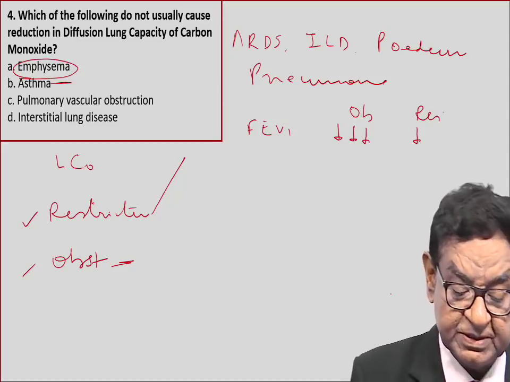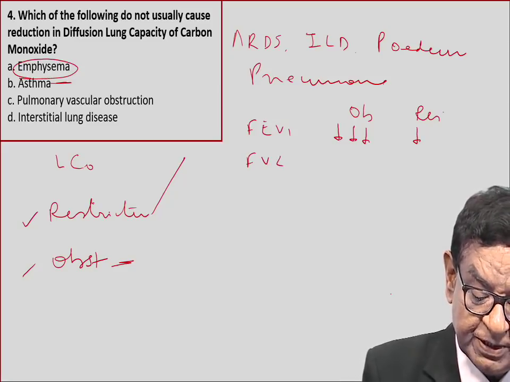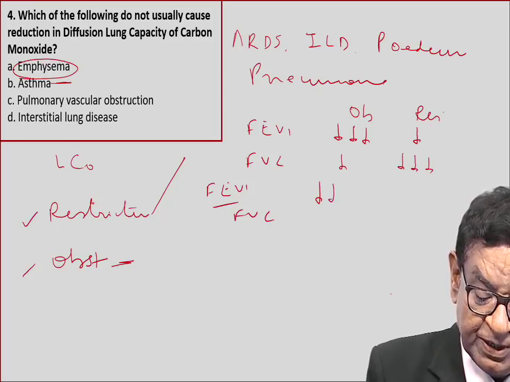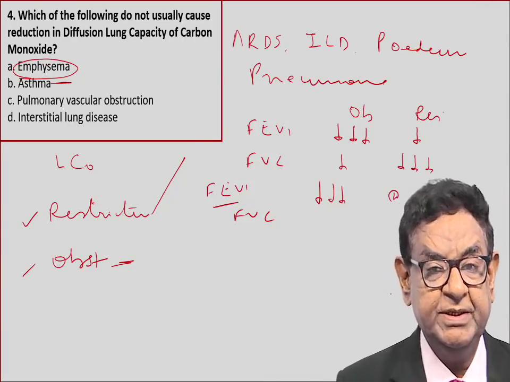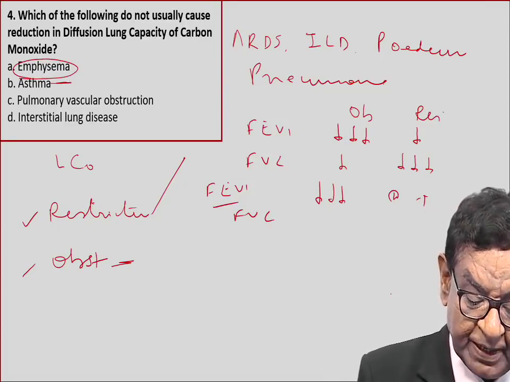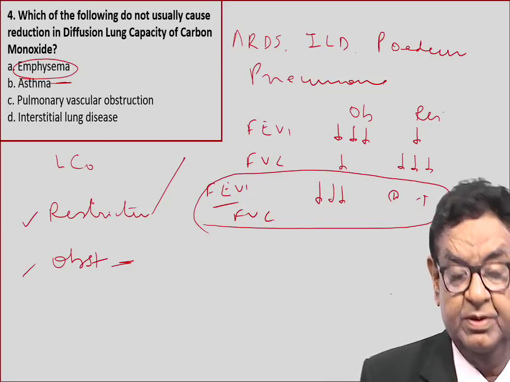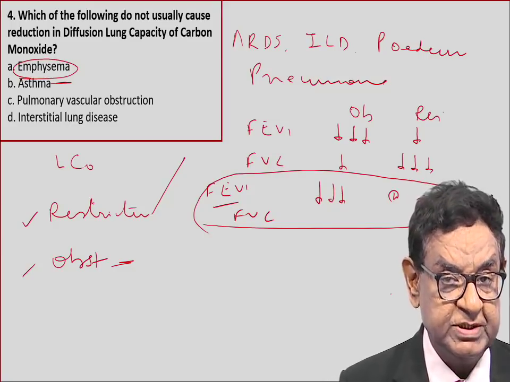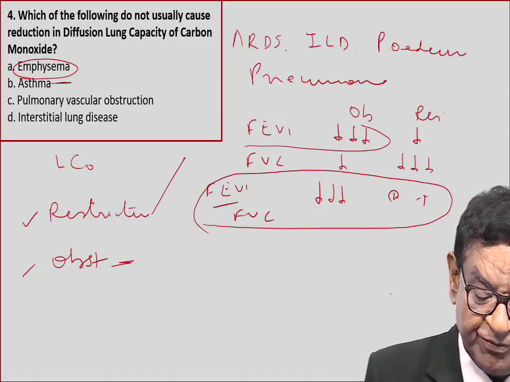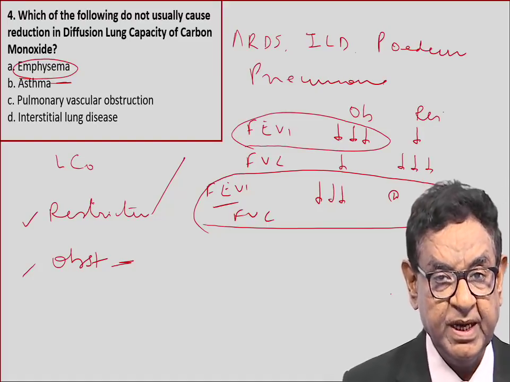It is also reduced in restrictive disease. FVC is reduced in both. The ratio of FEV1 to FVC is highly reduced in obstructive, and normal or increased in restrictive. It means if we have to differentiate between obstructive and restrictive, we go by the ratio. But if you want to see the severity of an individual disease, you go by FEV1.